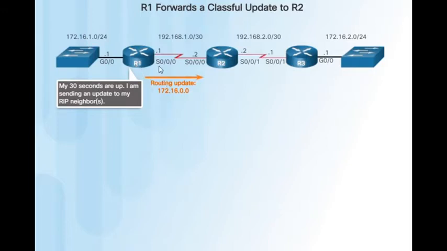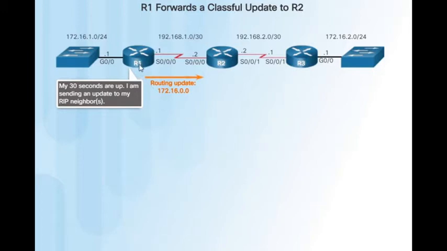When R1 sends a routing update to the other routers, it will send the network information that is directly connected to it. So in this case, it will send the 172.16.1.0 network. But as you can see, since it doesn't include the subnet mask, it only forwards the class B network address automatically.